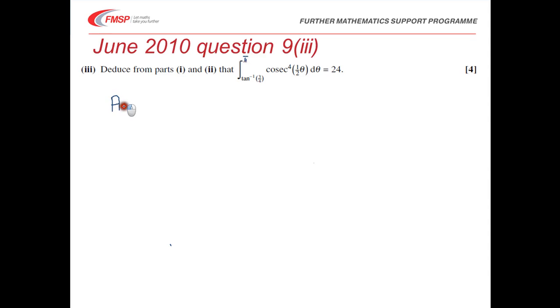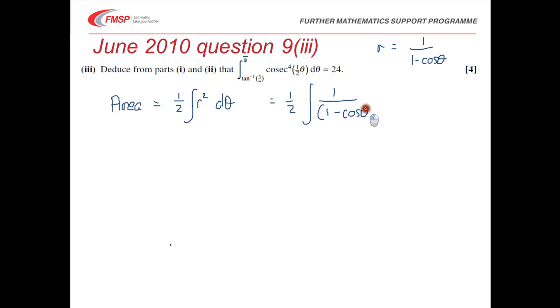So what we need to remember is we've now converted it into polar coordinates, and the area under a graph expressed in polar form is given by a half r squared d theta. And our equation was r equals 1 over 1 minus cos theta, so that was how we'd expressed it. So we're going to square that, and we get 1 minus cos theta all squared.